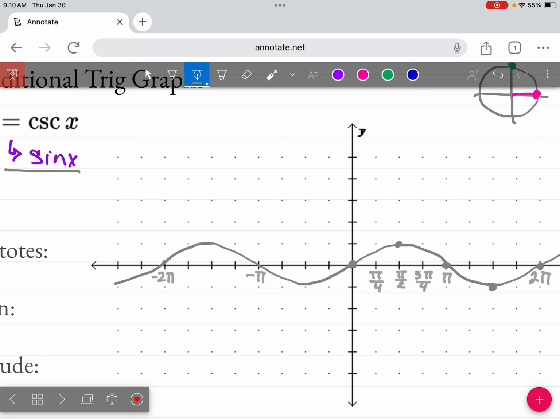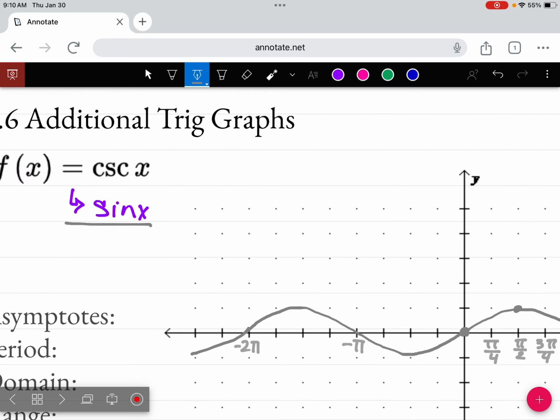All right. So we know cosecant is related to sine, right? Because cosecant is 1 over sine, right? So I need to take the reciprocals of each of these values. What do we have problems dividing by?